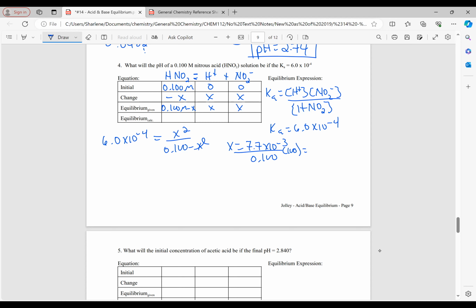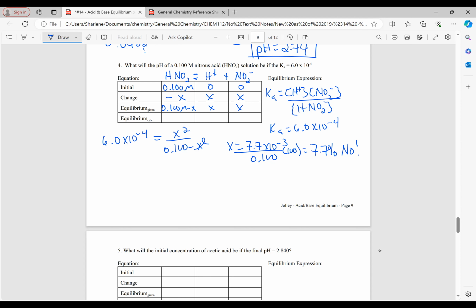Uh-oh. In this case, that is not a valid assumption because it is larger than 5%. So do we panic? Nope. We can either go back and do the quadratic, or we can do something called successive approximations.